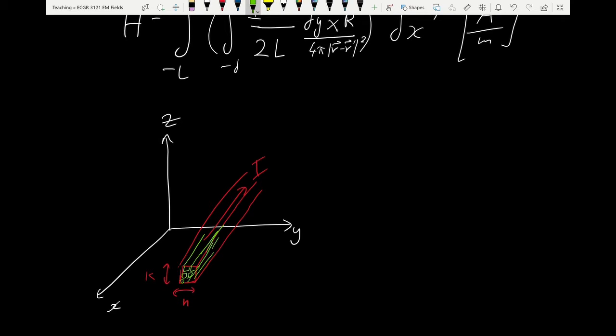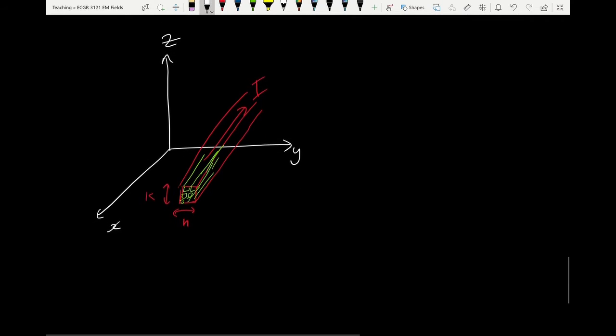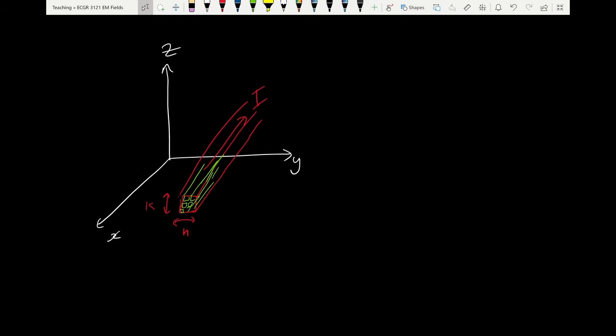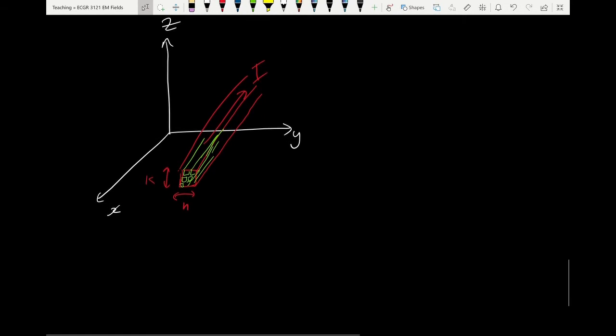So we want to use the Biot-Savart law to find the magnetic field due to this sort of object.